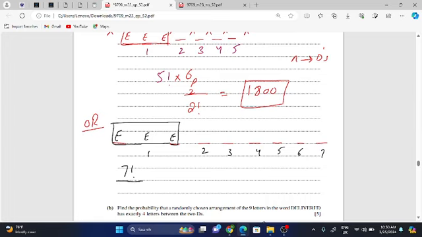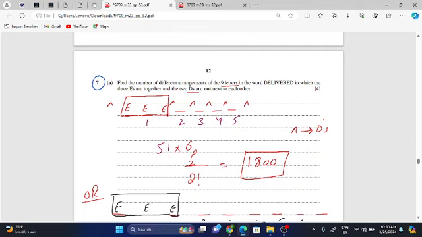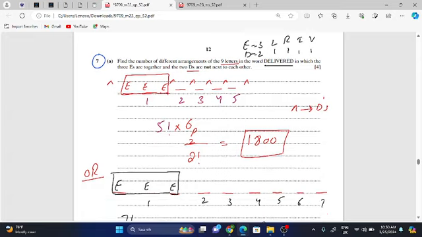Whole dividing by the repetition. E's are 3 times in that word. D is 2 times. And all other letters are single time. L is 1 time, R is 1 time, I is 1 time, and V is also 1 time.